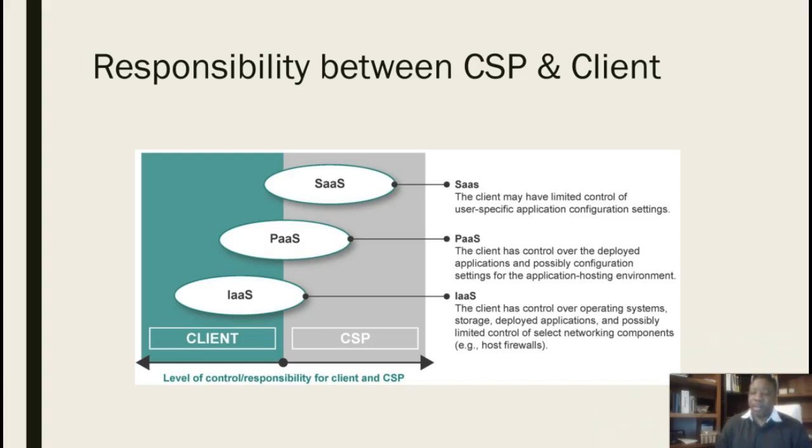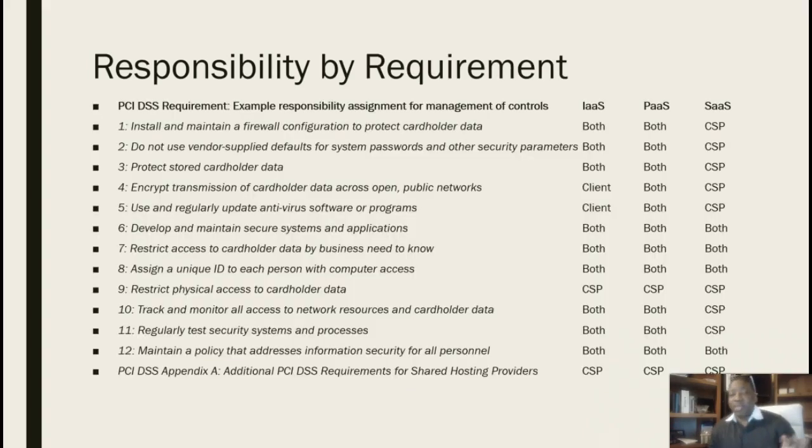PaaS has about 50-50, and the client owns most of the responsibility, as you can see with IaaS. Don't charge it to my heart, charge it to my head. That's what they say when you make a mistake.